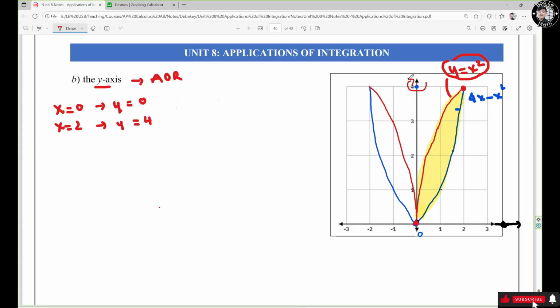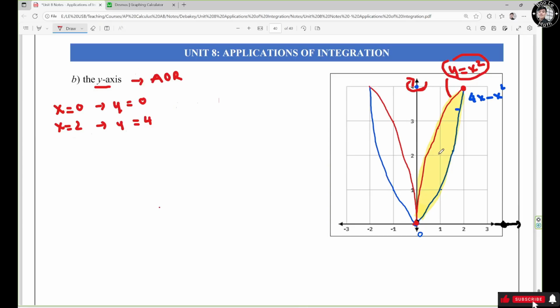So since this one you revolve about the y-axis, your volume should be in terms of y. Alright, so keep that in mind. And your representative rectangles must be perpendicular to the axis of revolution. In other words, that is the y-axis, right?